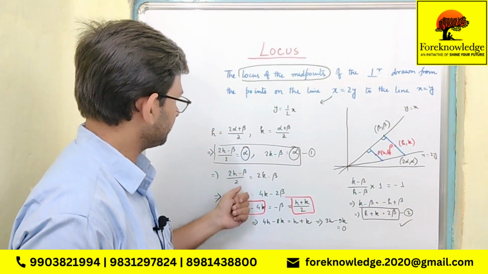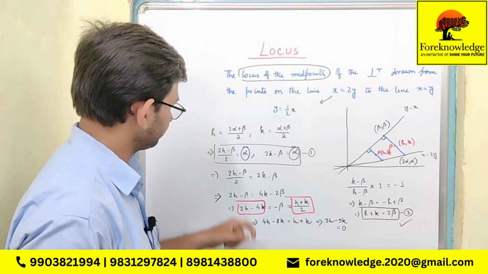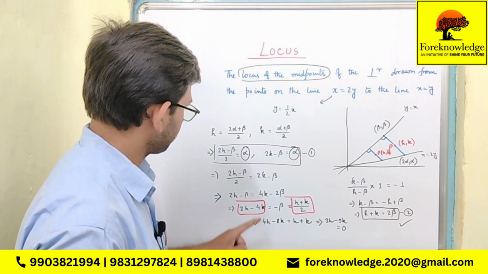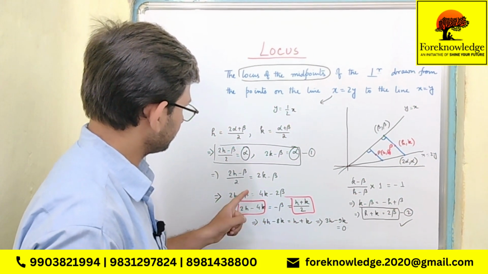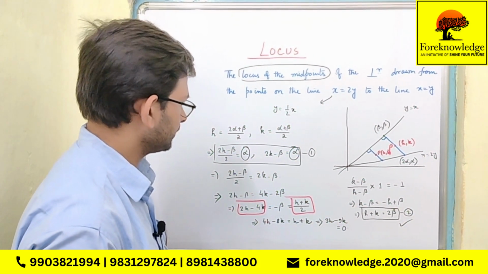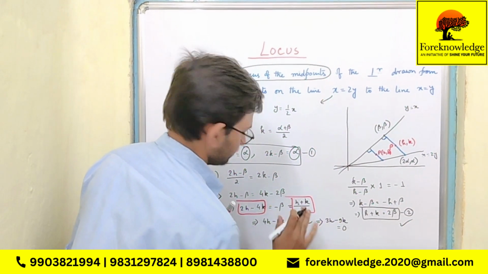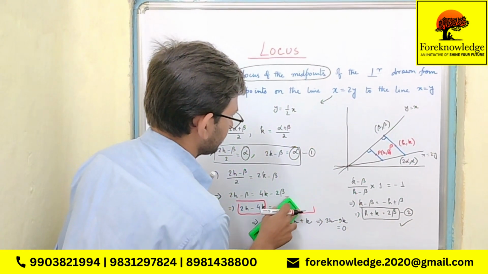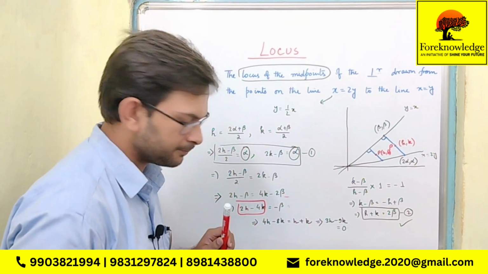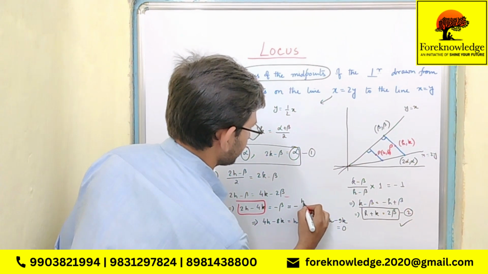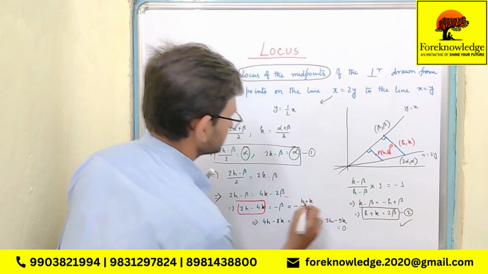So 2h minus beta by 2 equal to 2k minus beta. So 4k minus 2 beta. So 2h minus 4k equal to minus beta. Oh, sorry, this should be a minus. I made one simple mistake, that this is equal to minus h plus k by 2, because this is minus beta.